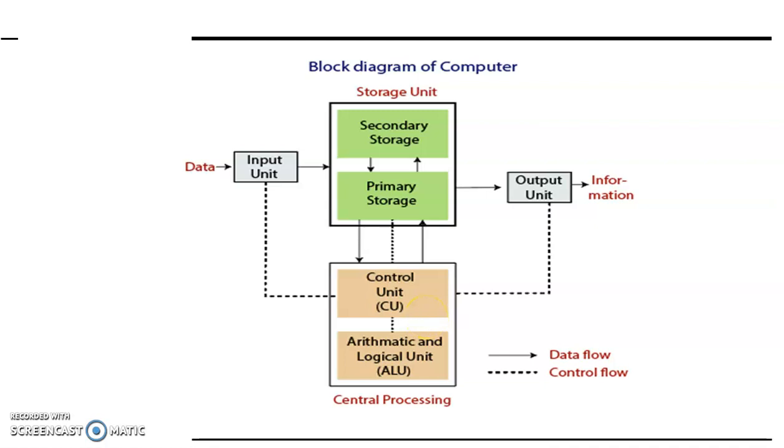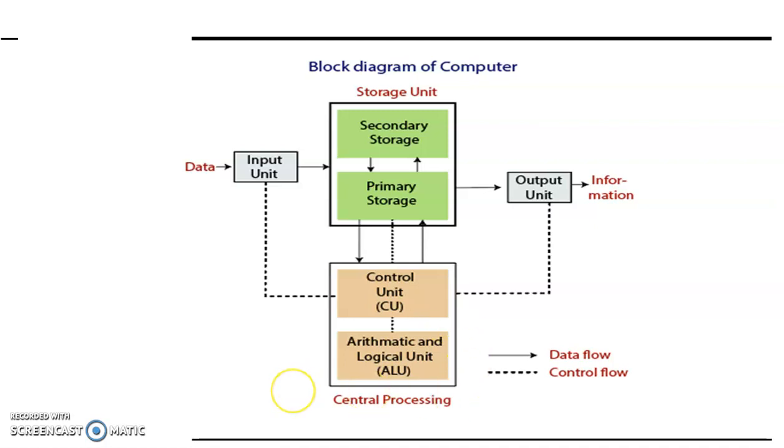Whenever I talk about secondary storage, for example hard drive, it is a non-volatile memory, whereas RAM is a volatile memory. That means your data will be gone whenever power is off.